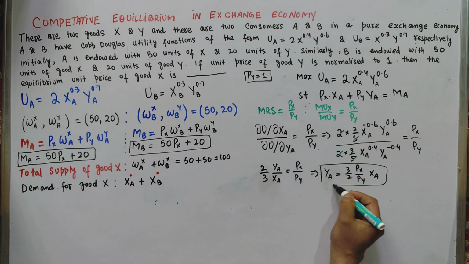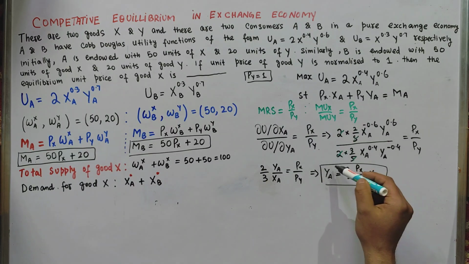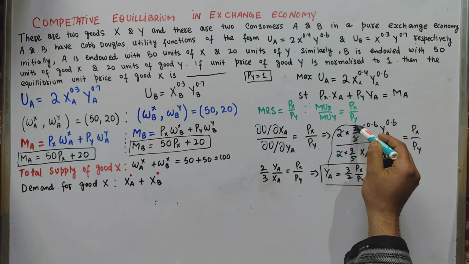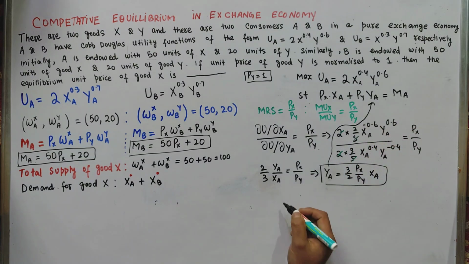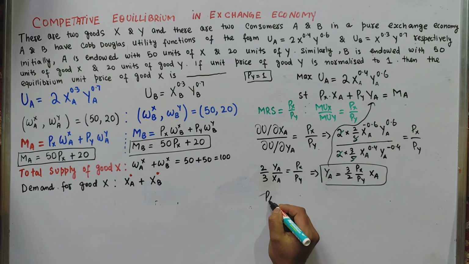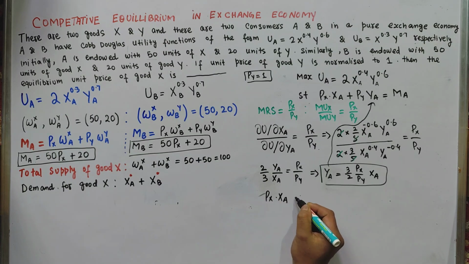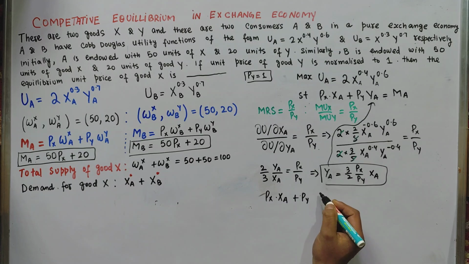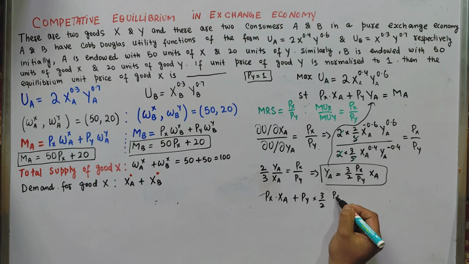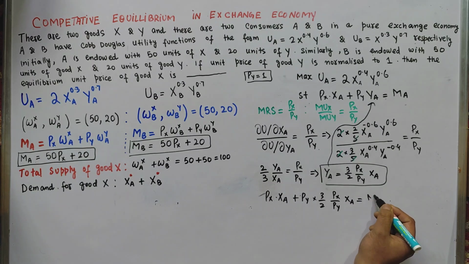We simply plug the value of ya into the budget function. Okay, so to find out the demand for good A, price of x into xa plus price of y, and in place of ya we have this 3 upon 2 price of x upon price of y into xa should be equal to the income of the consumer.